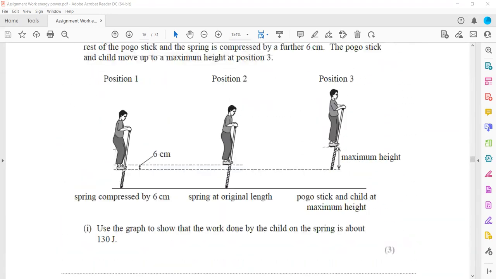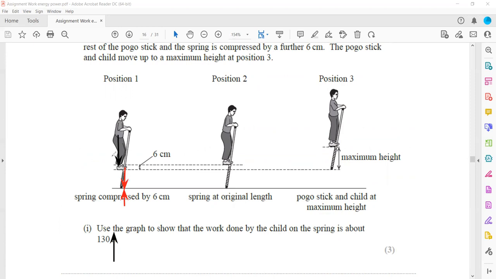Look, there's a gravitational pull of the earth on the child and on the pogo stick, and the child and the pogo stick are attracting the earth. That is one pair force. The second pair force is the downward force by the pogo stick on the ground equal to the upward force from the ground on the pogo stick.